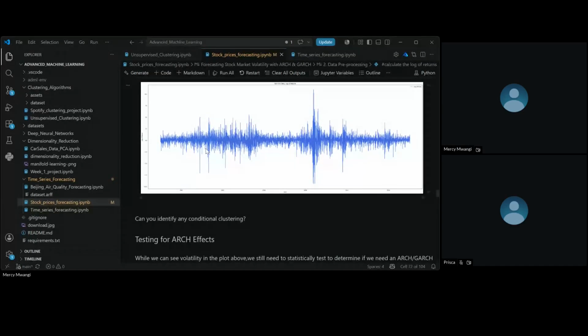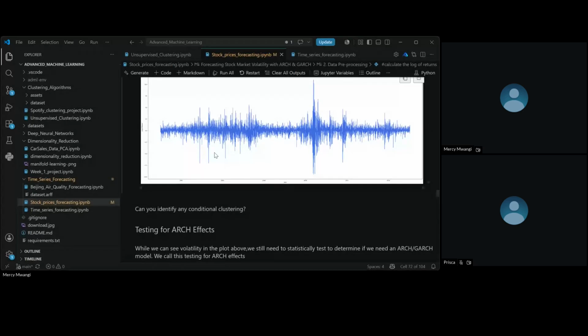Now, can you identify any conditional clustering? So we've said in ARCH and GARCH, or in heteroskedasticity, the main assumption or the underlying mathematics that led to these models is that the volatility today will be the same volatility tomorrow.